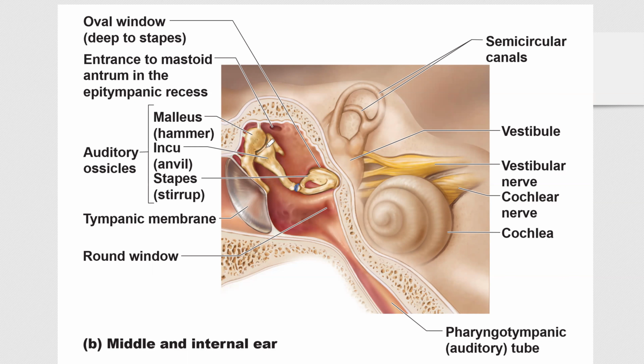Those are synovial joints, so they can move, and their function is to transmit the vibration of the sound waves to the oval window. So you can imagine how, if the sound vibrates the tympanic membrane, this vibration will pass through these bones to the window and amplify it. That means those bones need to have the ability to move, so we must have joints. We also have several ligaments that hold those bones in place.